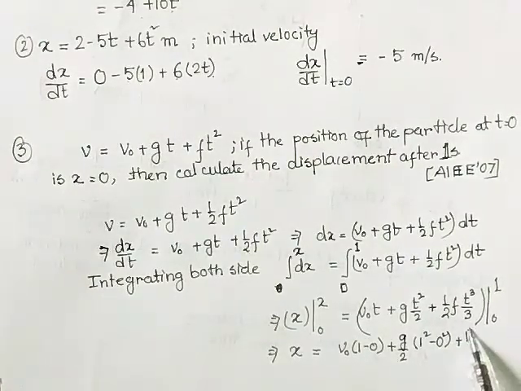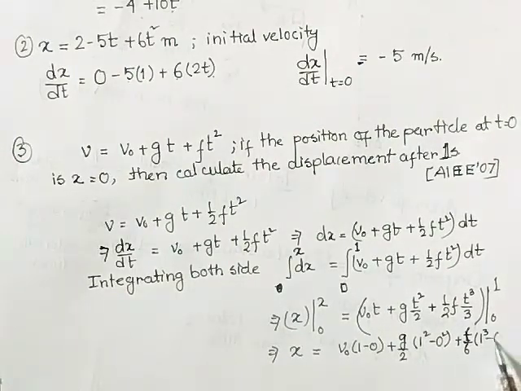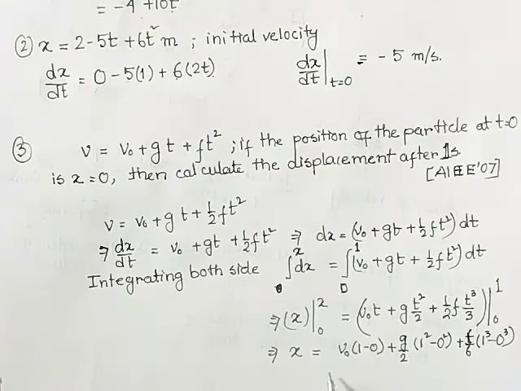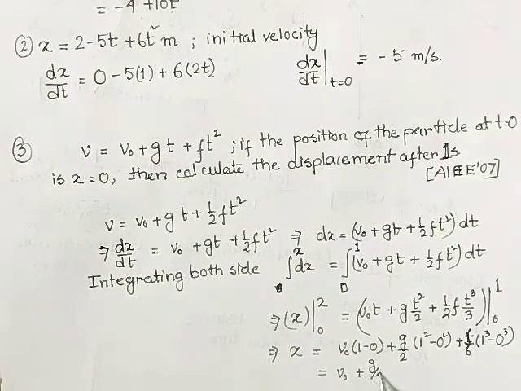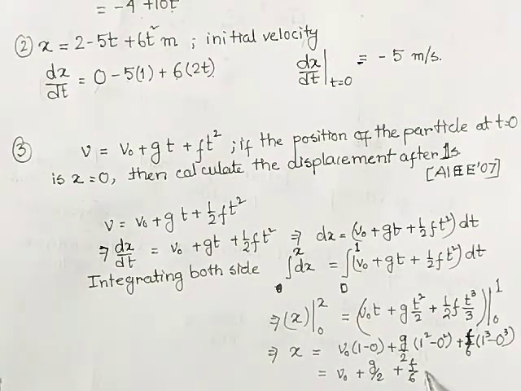Here it is f divided by 6, it will be 1 cube minus 0 cube. So the answer will be simply V naught plus g by 2 plus f by 6. So this is the displacement after 1 second.